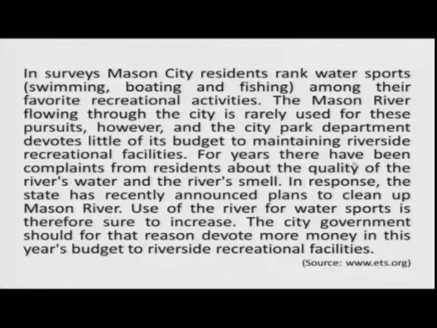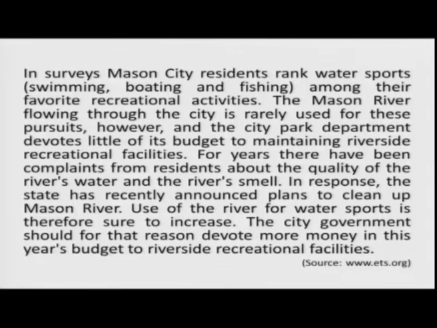For years, there have been complaints from residents about the quality of the river's water and the river's smell. In response, the state has recently announced plans to clean up Mason River. Use of the river for water sports is therefore sure to increase. The city government should for that reason devote more money in this year's budget to riverside recreational facilities.